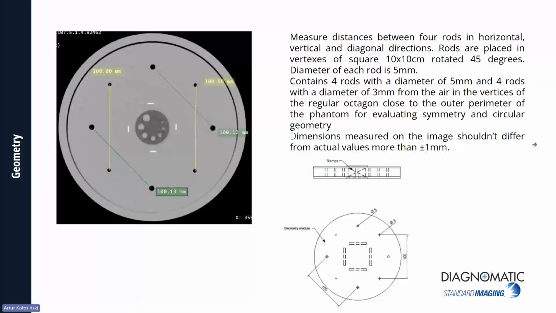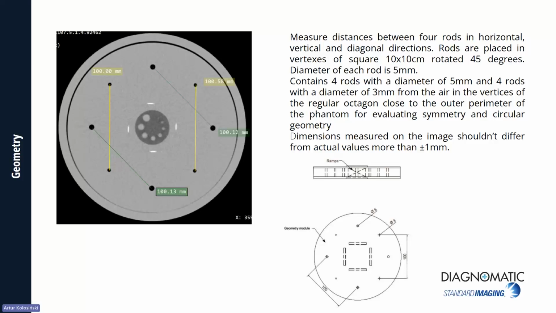We have a geometry module which serves us to make some more calculations. With the geometry, we can measure the distances between the rods in the horizontal, vertical, and diagonal direction.